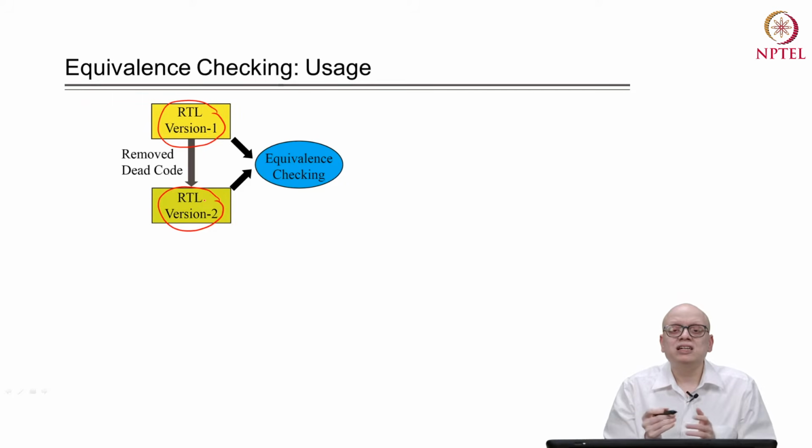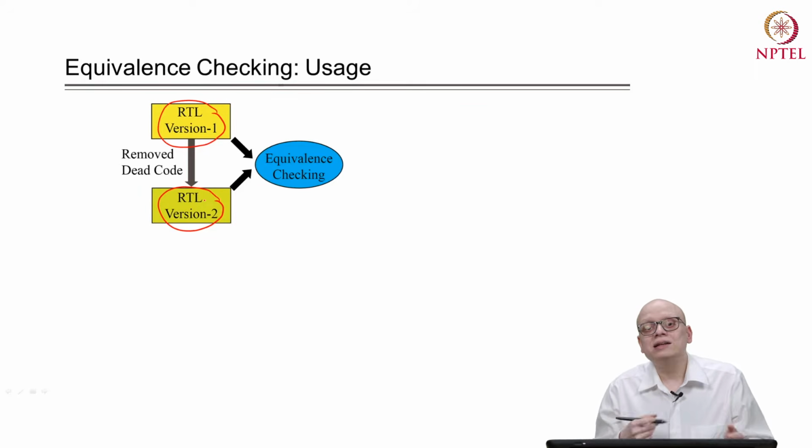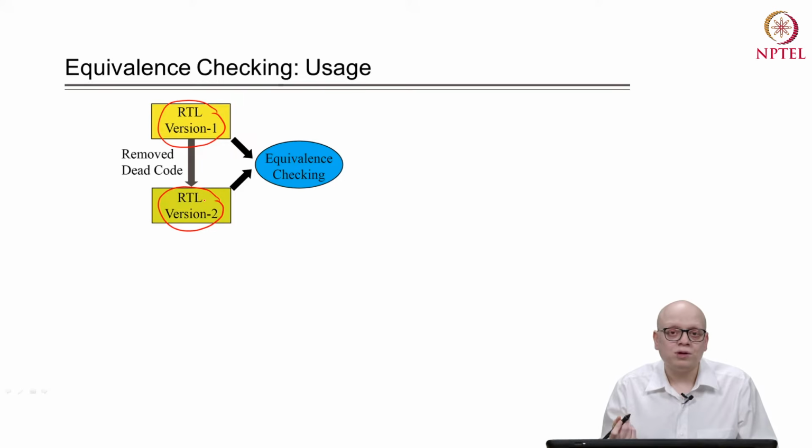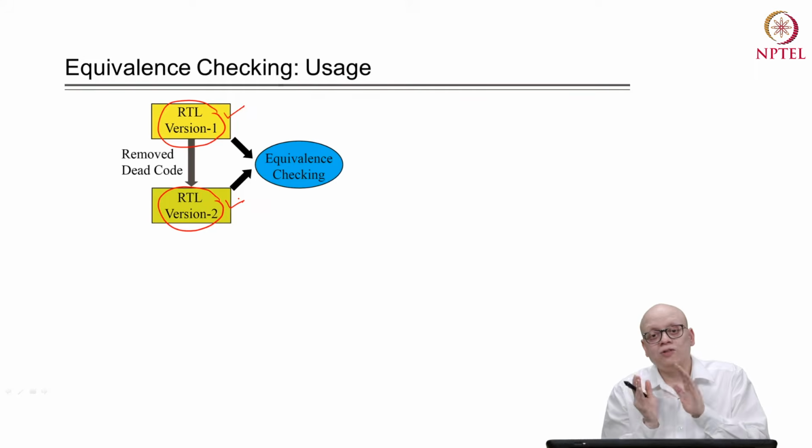This change was done manually, and maybe some very innocuous error was introduced in removing the code. There may have been an important statement which was doing some task and was not really dead code, and we accidentally removed it. How do we catch that problem? We take RTL version 1 and RTL version 2 and do an equivalence check in terms of functionality.